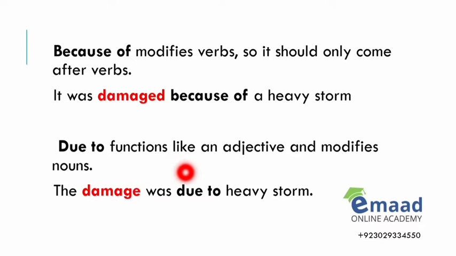But consider the point that when due to comes after a noun, there is always a being verb between them, like is, are, am, was, were, will, shall, something like that. So due to is an expression that is used with a noun, and because of modifies the verb.